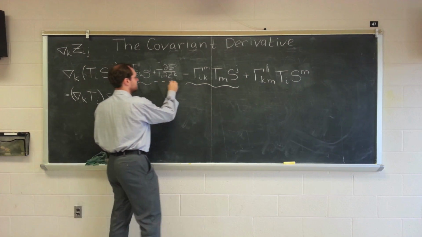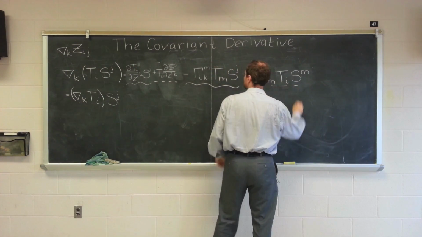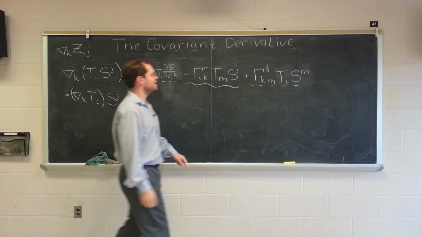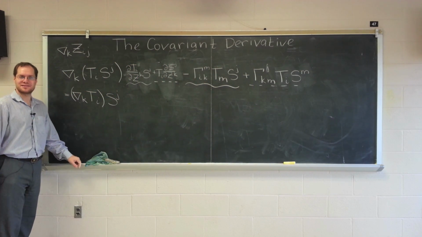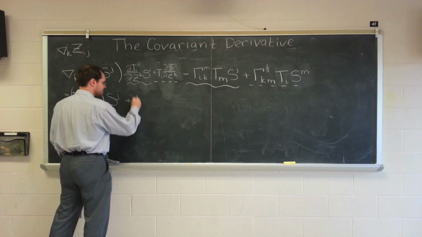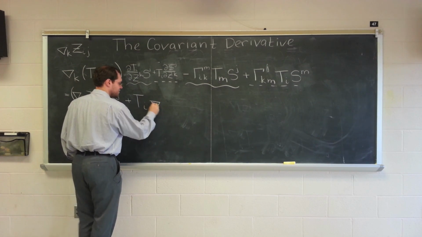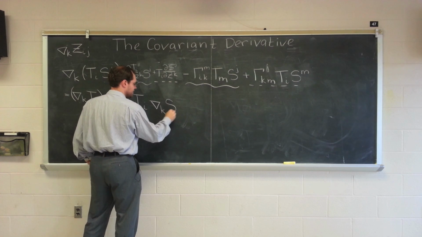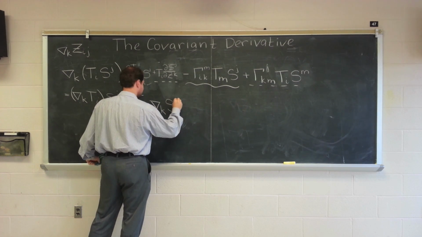And then we'll combine this term with this term. And here I'll factor out Ti. And what I'll have in parentheses is exactly the covariant derivative of Sj. So it'll be plus Ti, the covariant derivative of Sj.